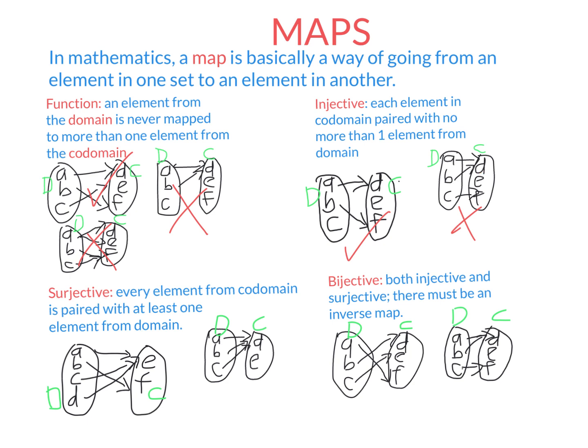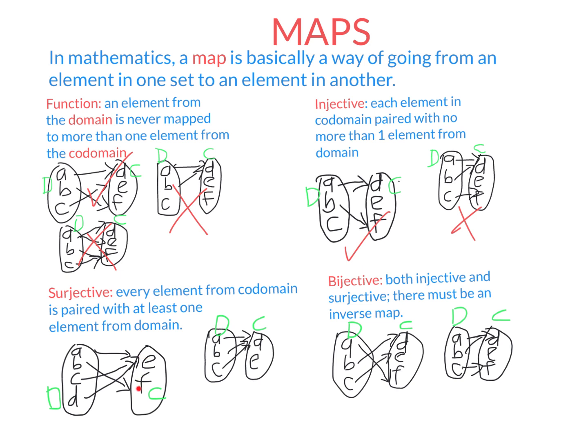A map is called surjective or onto if every element from the codomain is paired. So this map here is surjective. It's definitely not injective or one-to-one, but it's surjective because each element here in the second set, the codomain, is actually paired. Even though E is paired with multiple elements, it's still paired, still has a friend there.